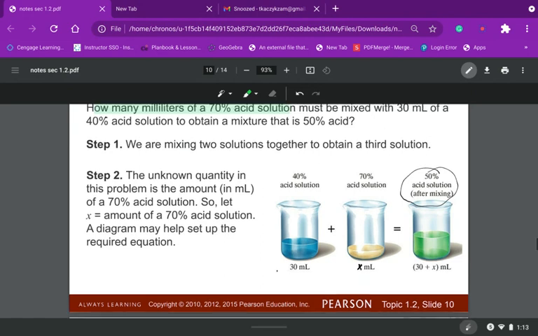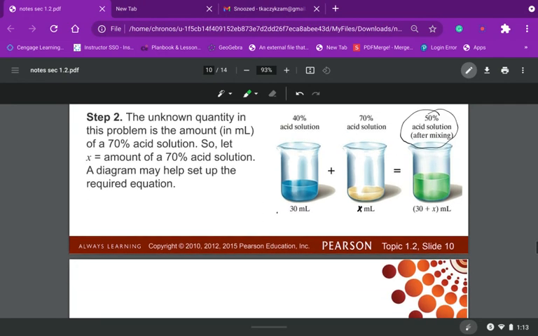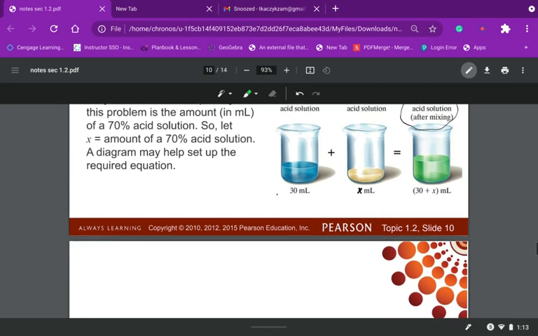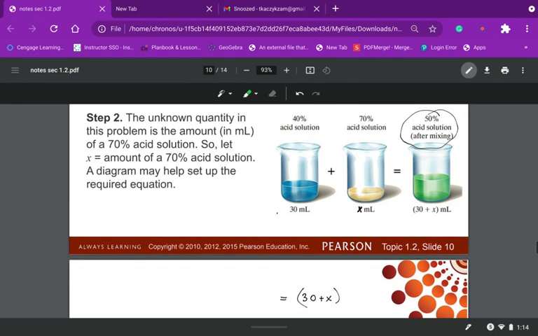Okay, so what equation do we need to create? Let's talk about it. So we know that our total amount is 30 plus x. That's milliliters. But what we will need to do with that, we're very specific in this problem. We're talking about getting 50% of acid solution.